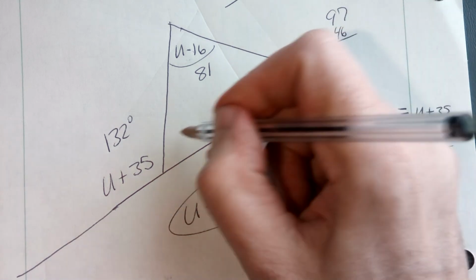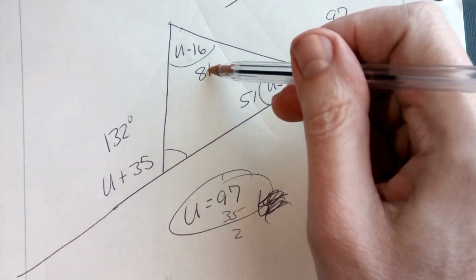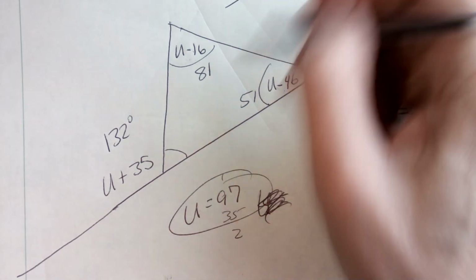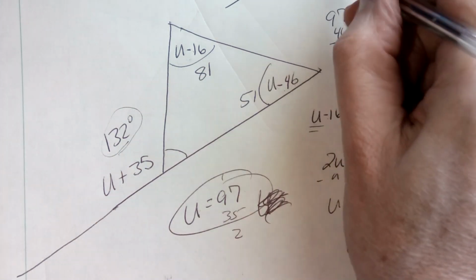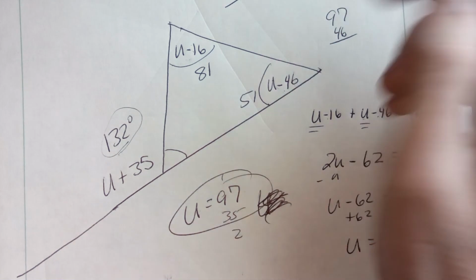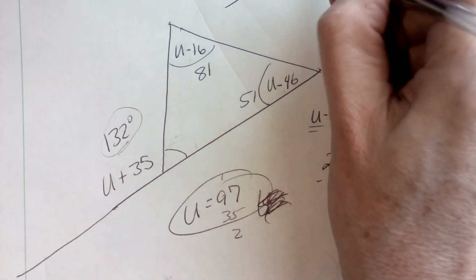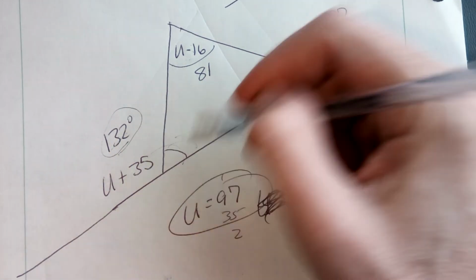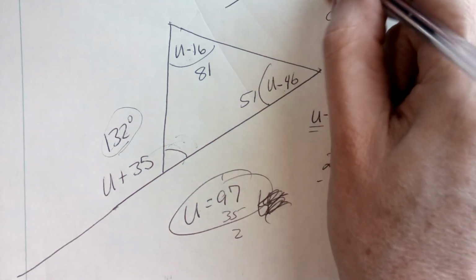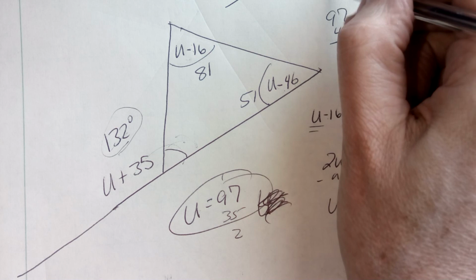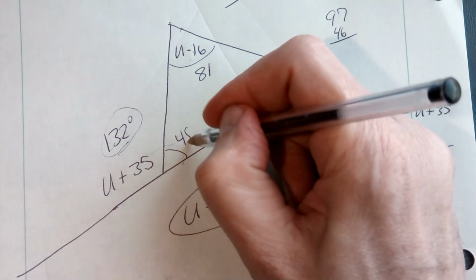And then we could easily find this angle if we so choose, because 81 plus 51 is, of all things, 132, because that's that whole principle. These two interior angles add up to that. So this angle here, if I subtract 132 from 180, I find out this interior angle is 48 degrees.